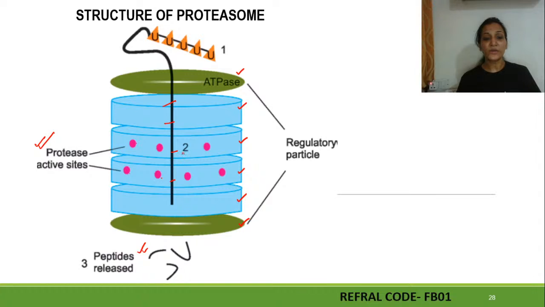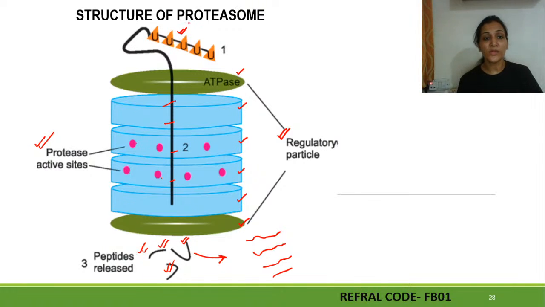From one end it will enter and from the other end it will be released, and both of them are called regulatory particles, because when it is making the protein enter inside, it is identifying the ubiquitin residues, and when it has broken down the protein, it needs to make sure that these proteins are properly broken down, because if they are not broken down to the legitimate size, they can be of further harm.